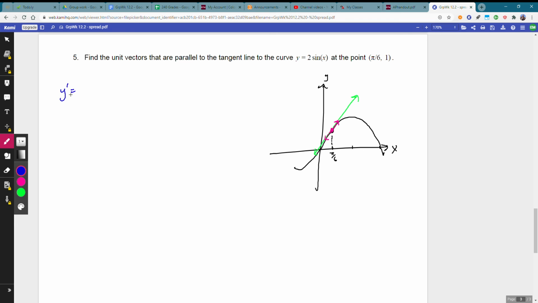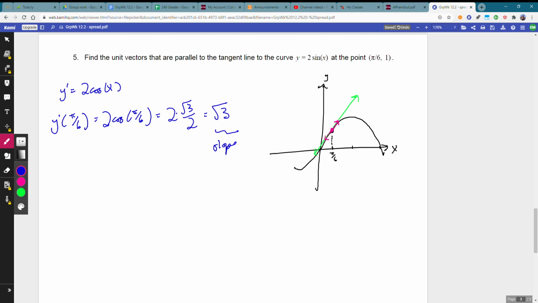So y prime here is 2 cosine x, and so y prime at pi over 6 is 2 cosine pi over 6, which, remembering our trig, is 2 times root 3 over 2. The 2's cancel off, and we're just left with root 3. So this root 3, remember, is our slope of our tangent line.